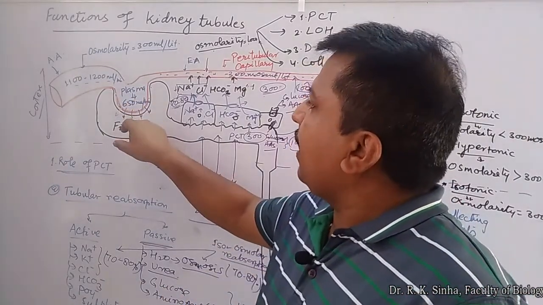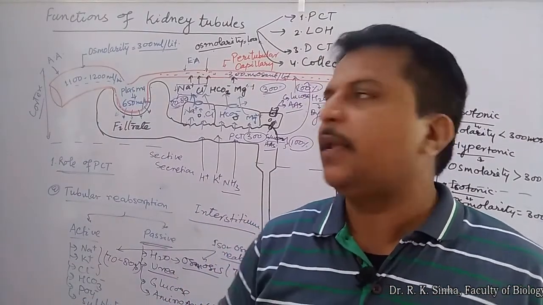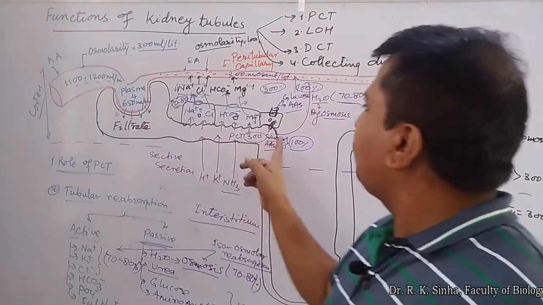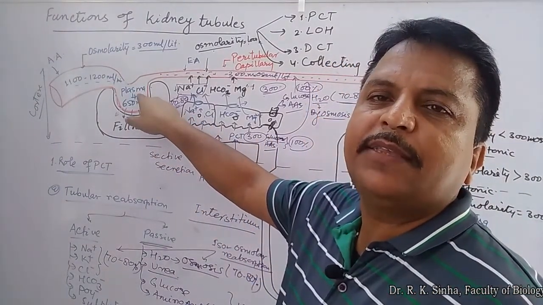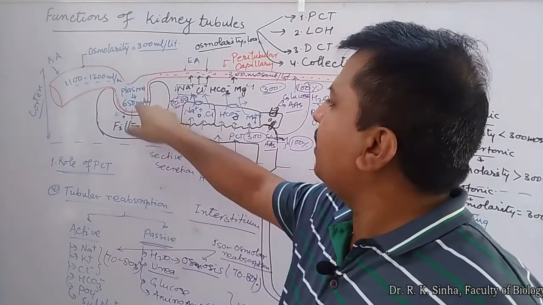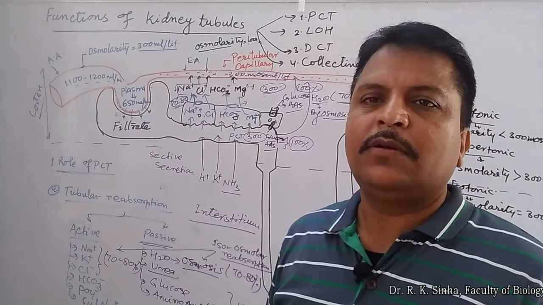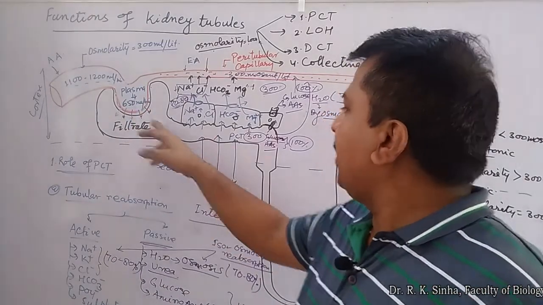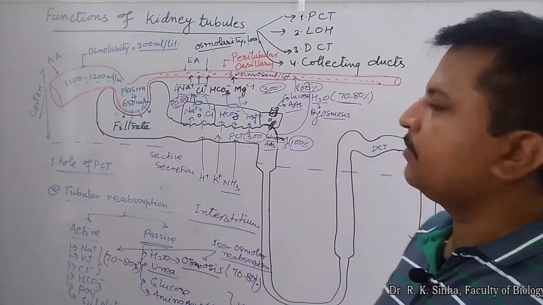So if it exceeds this renal threshold, meaning if the glucose level exceeds 180 mg per deciliter of blood, then it will start to filter out through the glomerulus. Okay, and when it starts to filter out, it can pass through the urine.